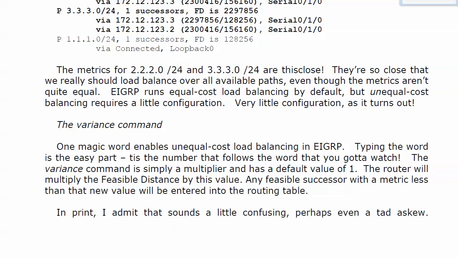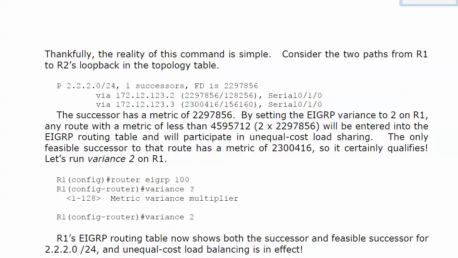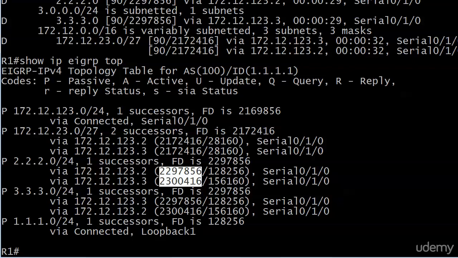Now, as I say here, that sounds a little bit confusing, perhaps even a tad askew. So what we're going to do is see it in action with the route to router 2's loopback. And right now, we've got a metric of 229.7856. I'll bring it up on the real equipment. 229.7856 for the primary path to the successor.